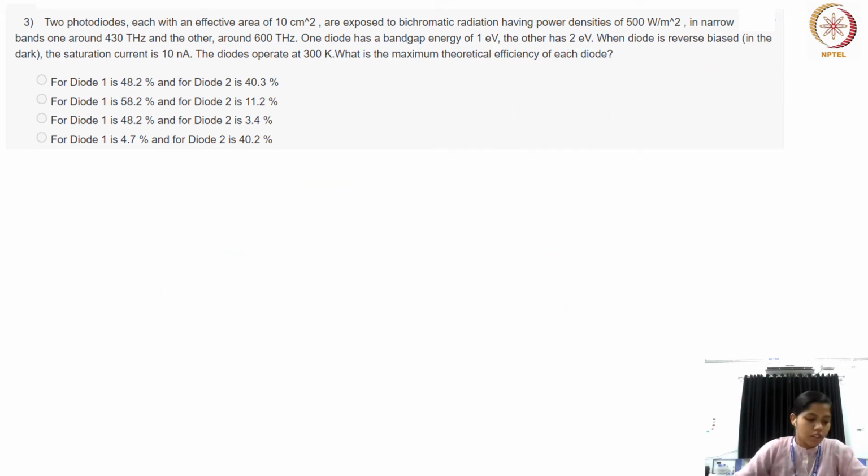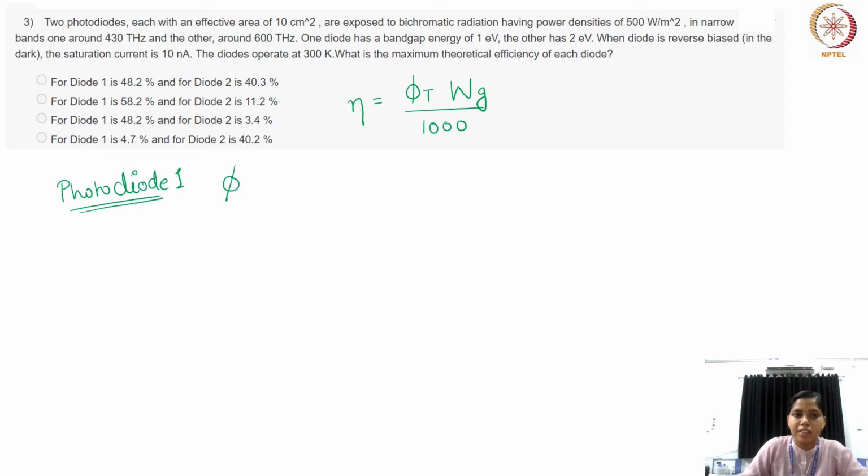So let's see, the expression for the efficiency is phi t, that is the total photon flux, multiplied by the band gap value, then divided by 1000. For photodiode 1, we have already calculated that phi t is 1.76 plus 1.26 into 10 raised to the power 21.